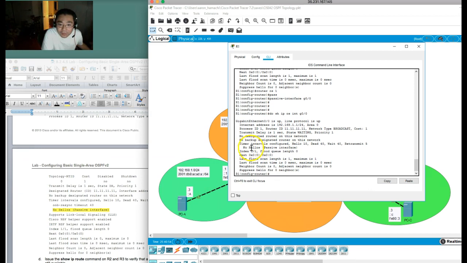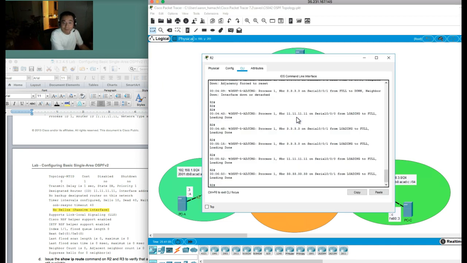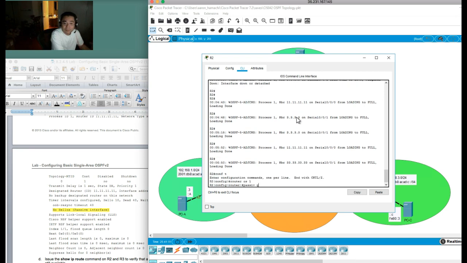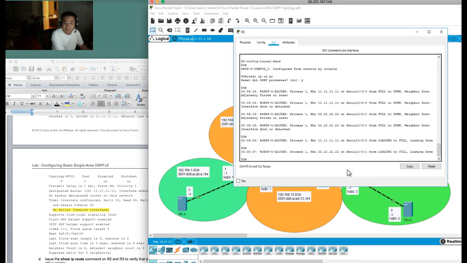Okay, no hellos and passive interface. That's our keyword right there. Do the same for router 2 and for router 3.